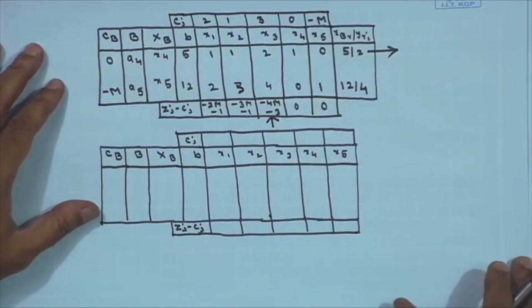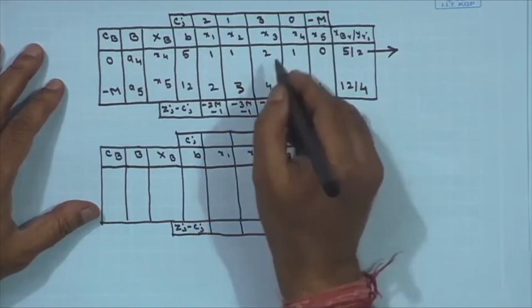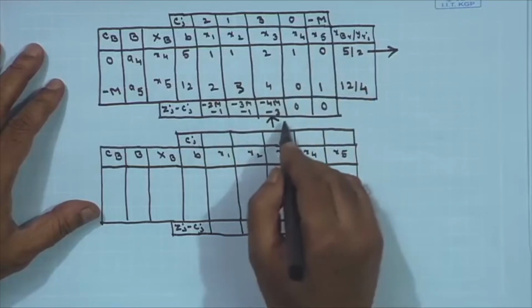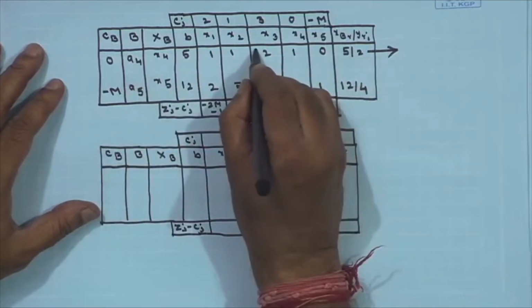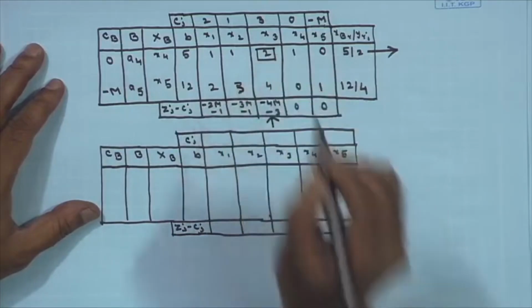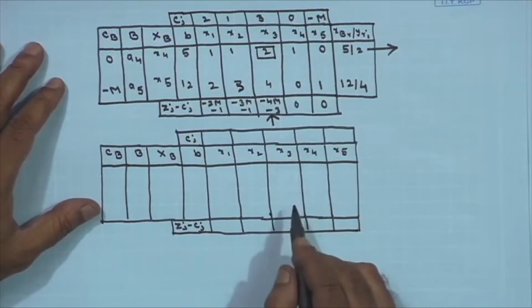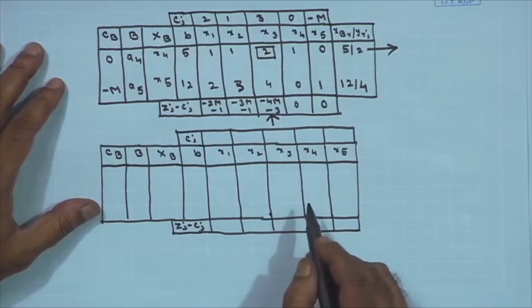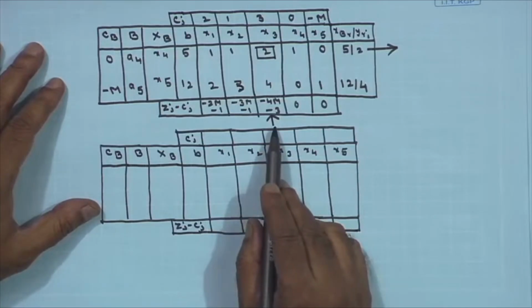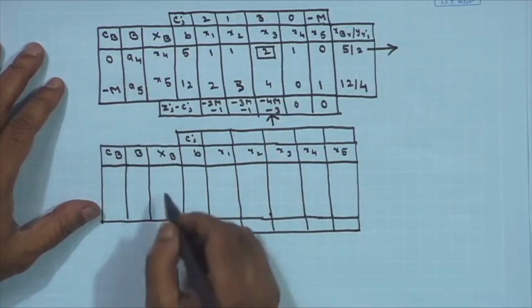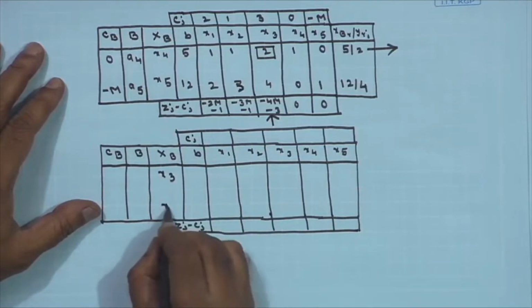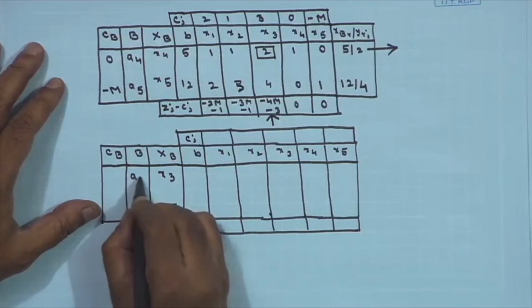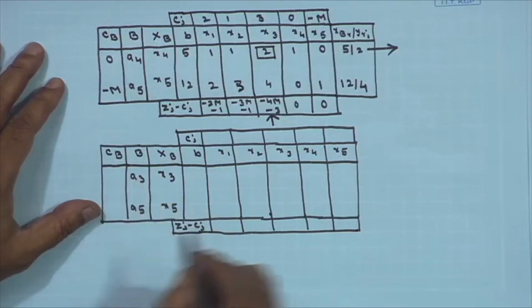Your departing variable is x4, and your pivot element, the intersection of this column and the first row, is this 2. So, in the next iteration, your A3 will enter in place of A4. So, your basis will be x3 and x5 will remain as it is. It will be A3 and A5.